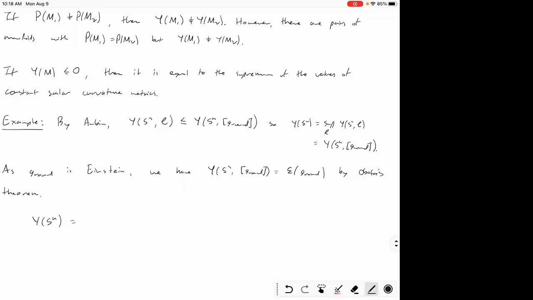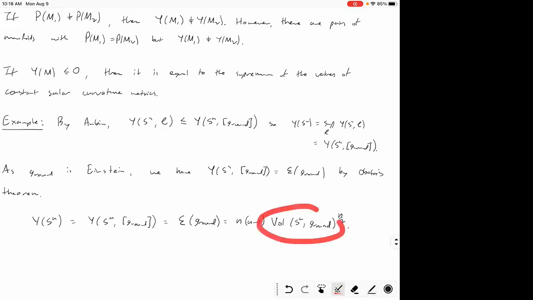So the Yamabe invariant of a sphere is equal to the Yamabe constant of the round metric, which is equal to the value of the functional of that metric, which if you do an integration is n times n minus 1 times the volume of the sphere with respect to this metric to the power of n over 2.